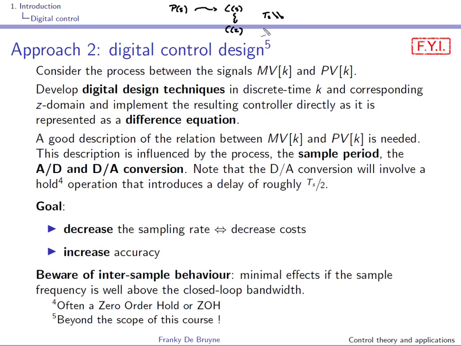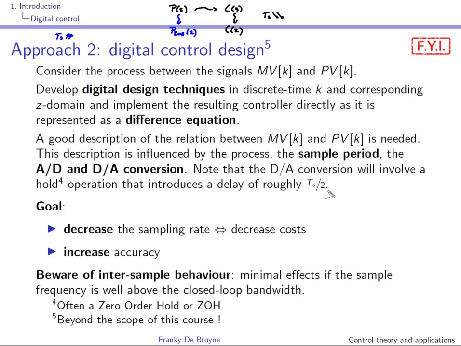There is another approach, and it is only for your information, that you can use with Ts that is larger than with this first approach, and the idea is as follows. What we'll do here is obtain a discrete time description of the process, so a description of the process in the Z domain, but we'll do it in such a way that the zero order hold mechanism is taken into account.